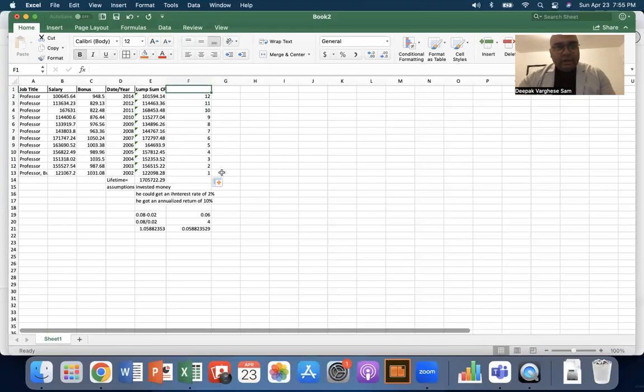So he ended at 12 years. Let's see, years in order. Now, how would we quantify this as a lump sum if we invested all that money, right?